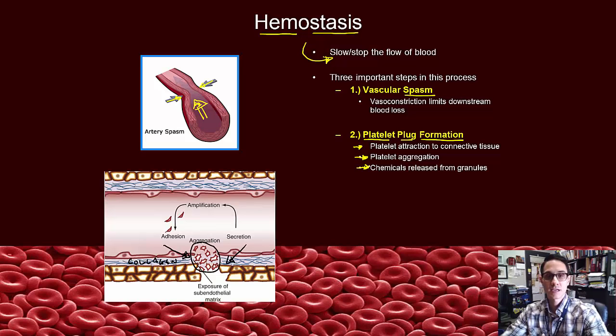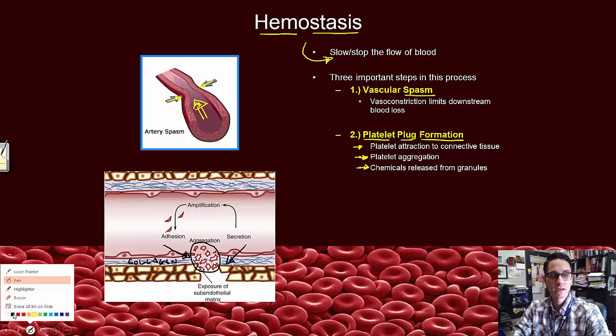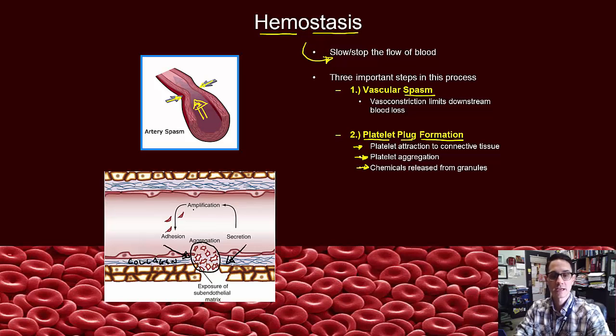Okay, and those chemicals, in addition to causing the thrombocytes to increase in size and become sticky, they also are going to encourage other platelets to come to the area and to help stick to that underlying collagen and form a little plug.